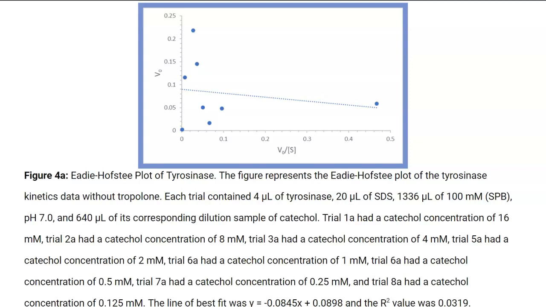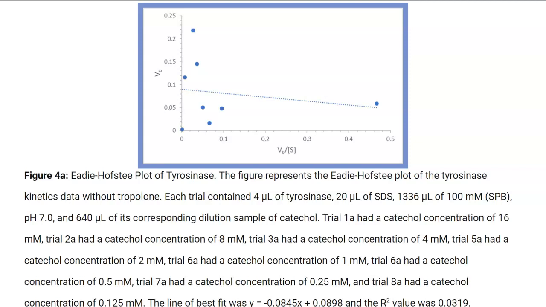And this corresponds with the dilution sample of catechol based off of the table in the slide before. So trial 1A had a catechol concentration of 16, trial 2 had 8, trial 3 had 4, trial 5 had 2 millimolar, trial 6 had 1 millimolar, and it just kept getting halved from there.